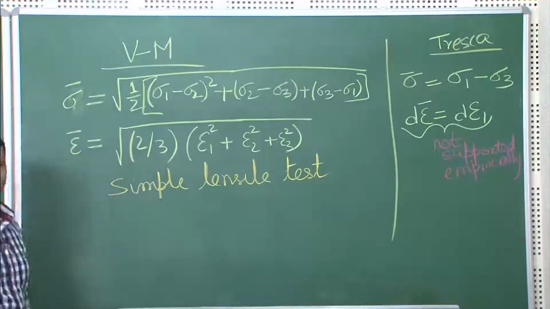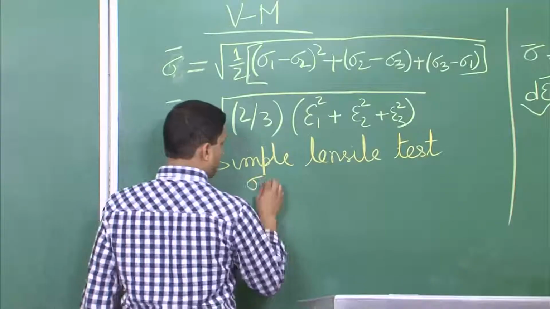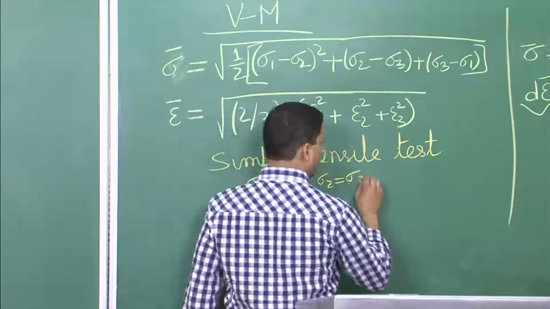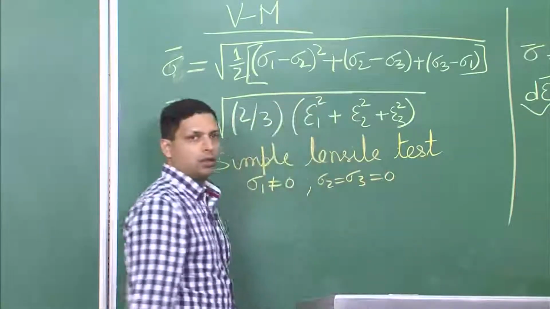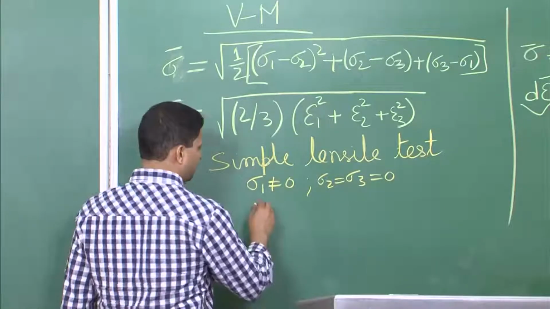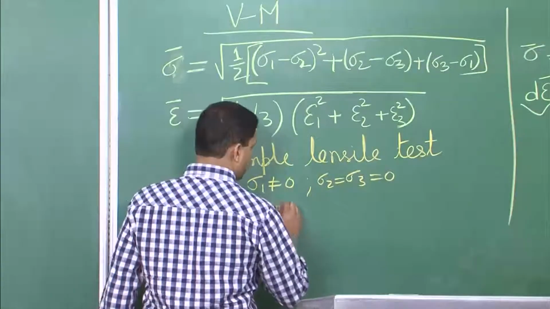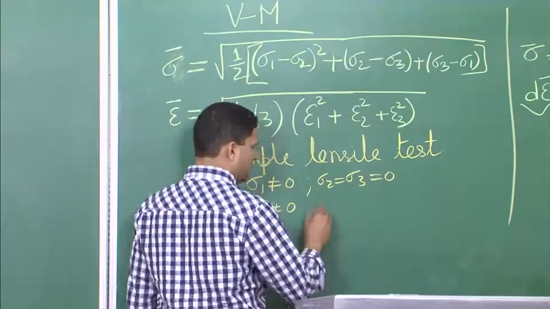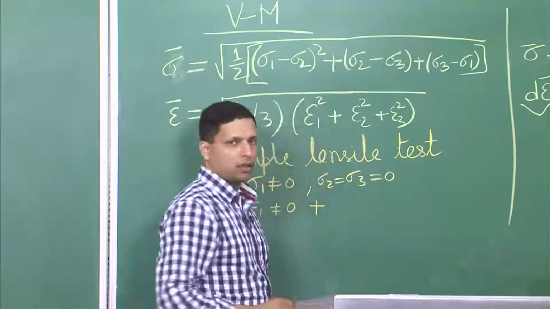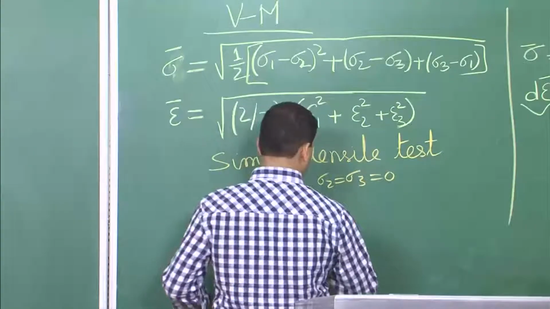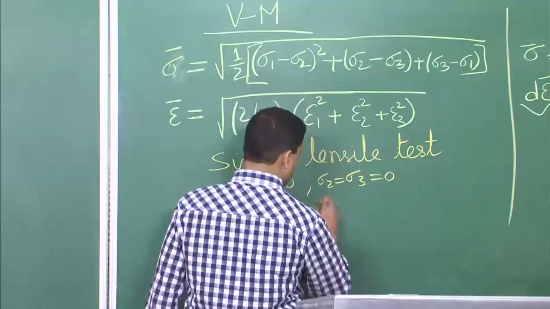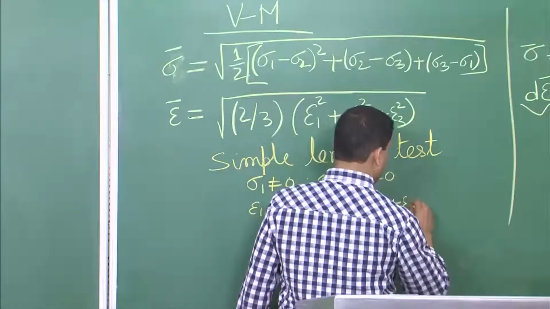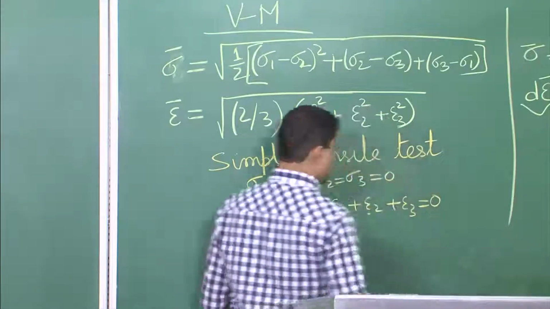In a tensile test, sigma 1 is not equal to 0, sigma 2 is equal to sigma 3 is equal to 0, epsilon 1 is not equal to 0, and we can add the non compressibility rule, which is epsilon 1 plus epsilon 2 plus epsilon 3 equal to 0.